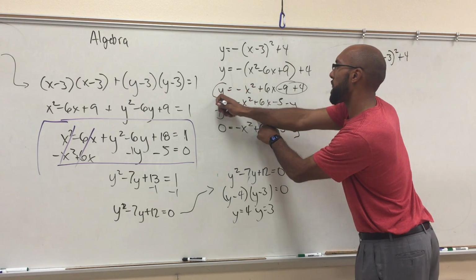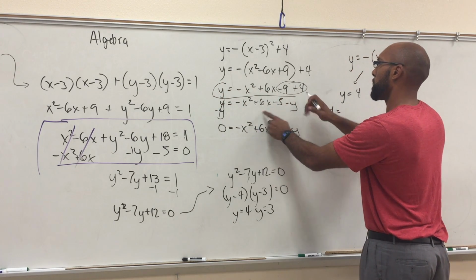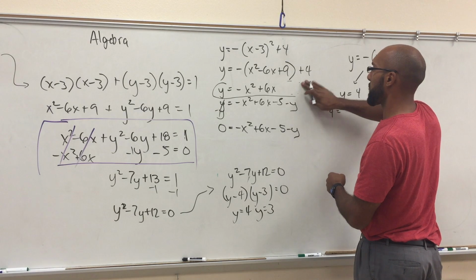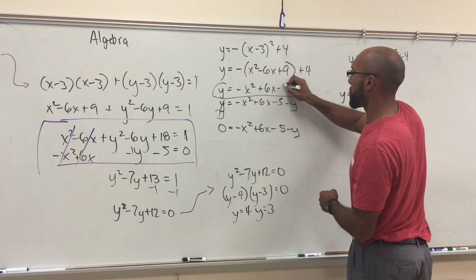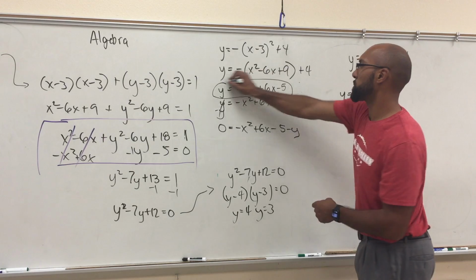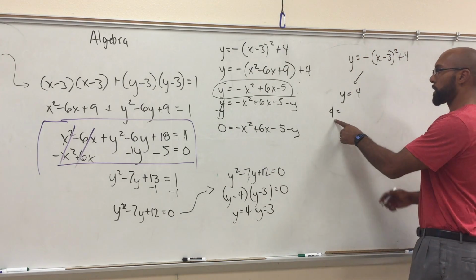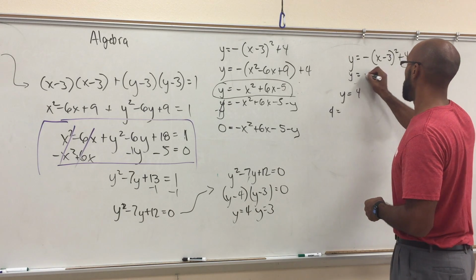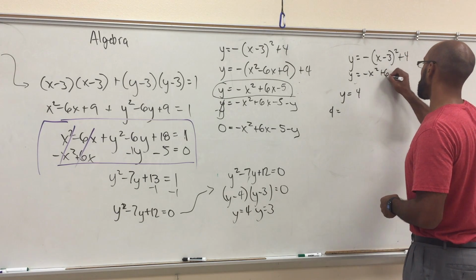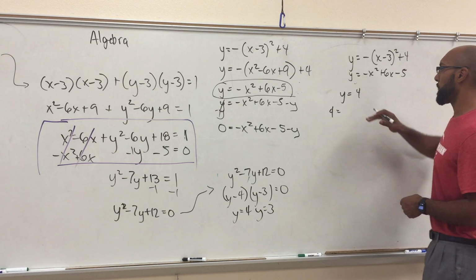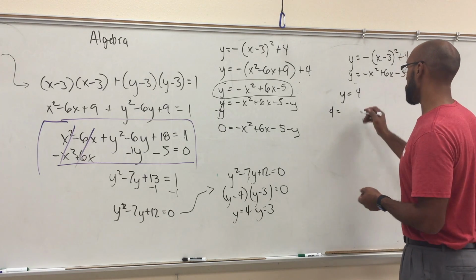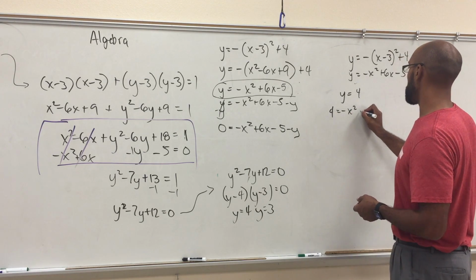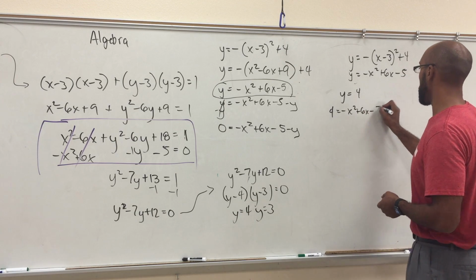Okay, where I've got y is equal to, and we'll just simplify that, negative 9 plus 4, which is minus 5. So I've already expanded it out. So then what I'm going to do is just use that same equation. Okay, that way I don't have to work it out all over again. Okay, so now minus x squared plus 6x minus 5.